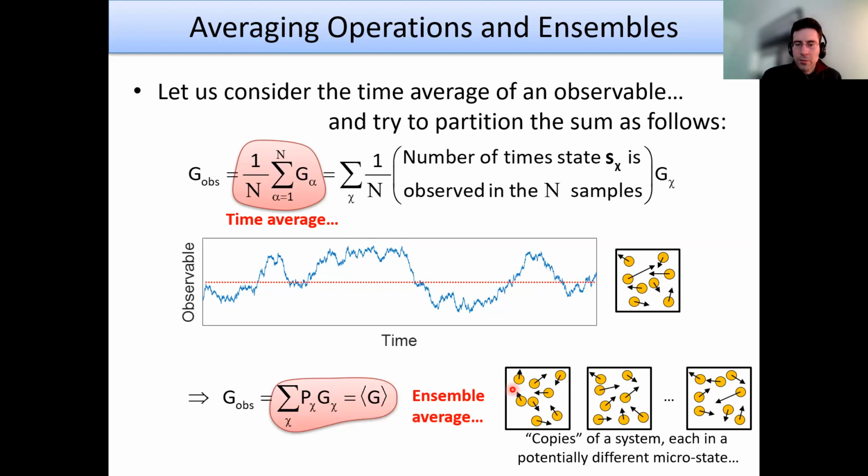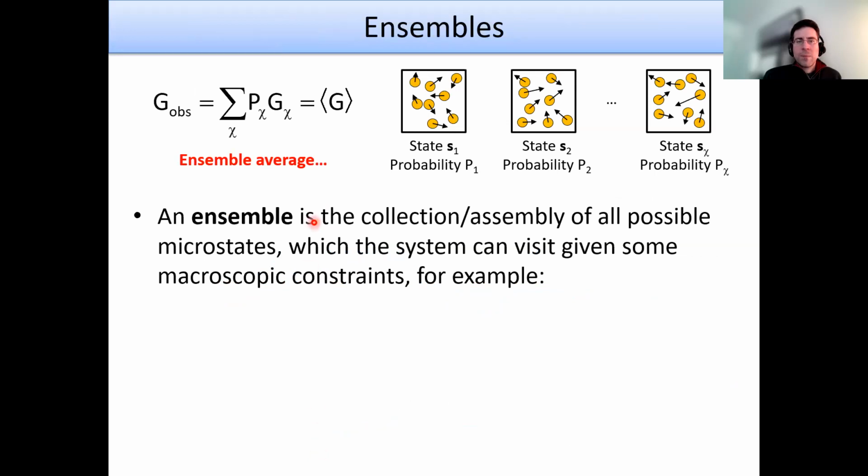Okay, so any questions about this? Looks reasonable, I hope. So what is the ensemble again? Copies of a system, each one in a potentially different microstate. And then we perform this averaging over the ensemble by summing over the states. Now, this is the formal definition of the ensemble: a collection or assembly of all possible microstates which the system can visit given some macroscopic constraints.